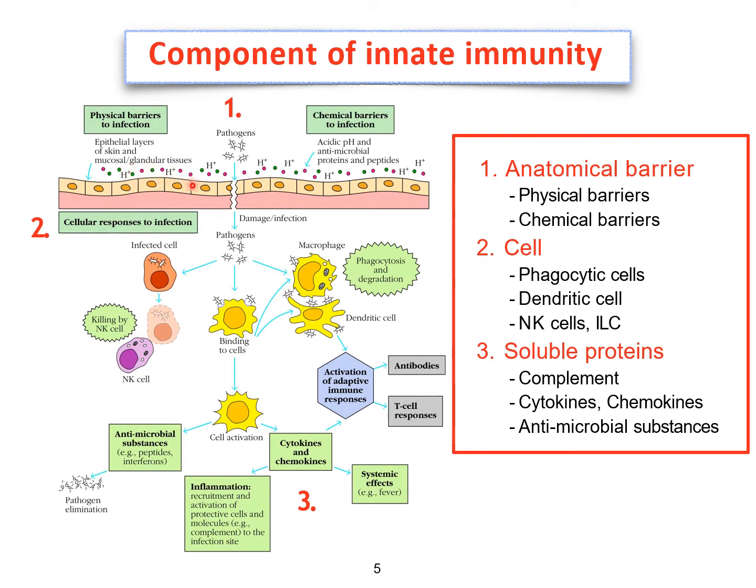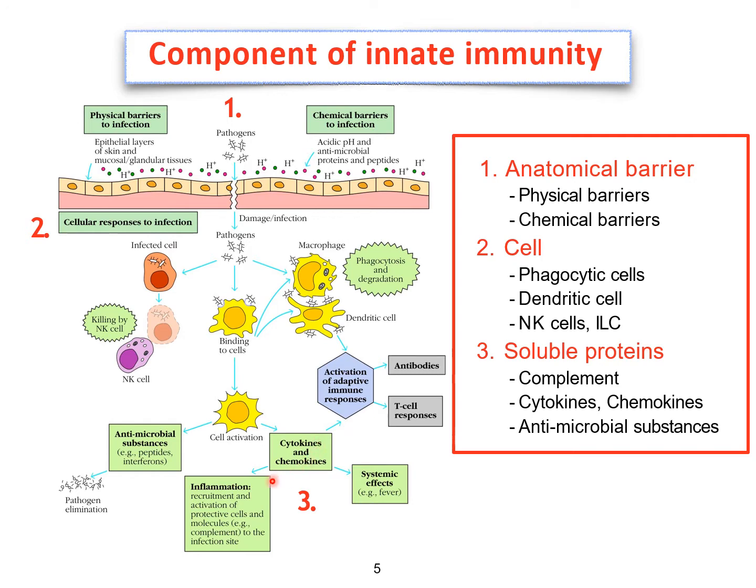And next, coming to the cellular response to the infection or cellular barriers, we can see the phagocytic cells, the macrophages, dendritic cells, and then killing by NK cells, natural killer cells. So activation of adaptive immune responses after the phagocytosis, that is production of antibodies and T cell responses.